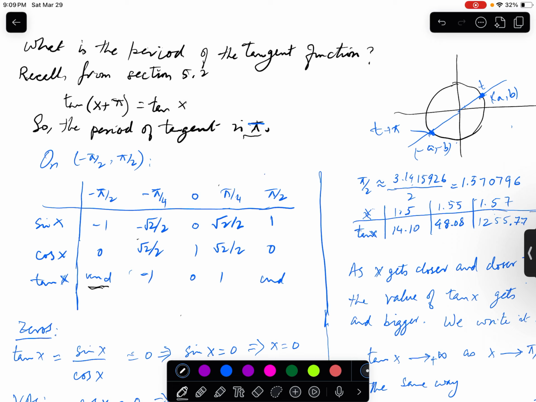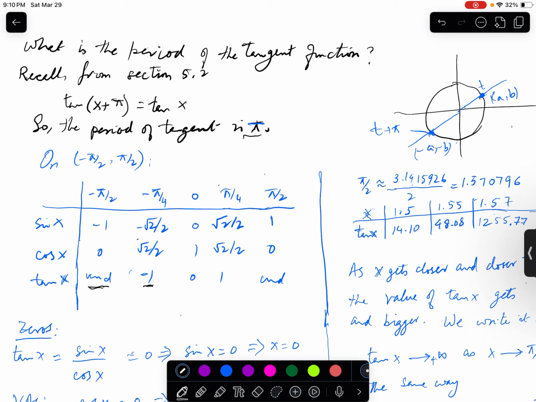At negative pi over 4, the tangent function has value -1 because sine is negative square root 2 over 2 and cosine is square root 2 over 2. Now the value at 0, tangent is 0, and then at pi over 4 the value of tangent is 1, and at pi over 2 again it is undefined.